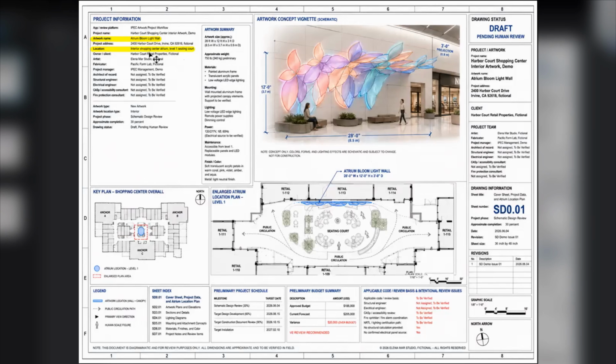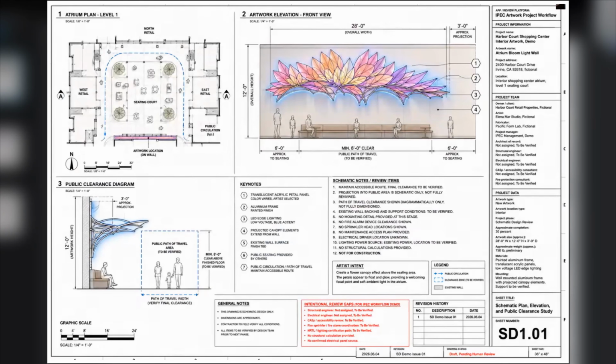The first sheet, as you see, has project information, key plan, the floor plan, and a perspective for the artwork. The second sheet has a schematic plan, elevation, public clearance, keynotes, and a section here.